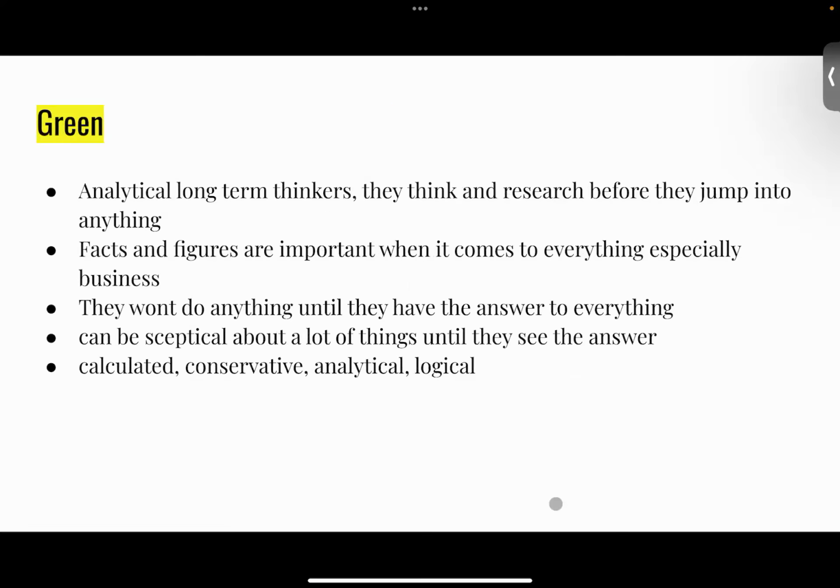And the last color that we're going to talk about, which is the last color of the four colors here that we covered, right? We covered red, which is very energetic, go, go, go. They love the flashy things, the cars, the watches, the houses, right? We talked about yellows, who are more laid back, more calm, care about other people more, put others before themselves.